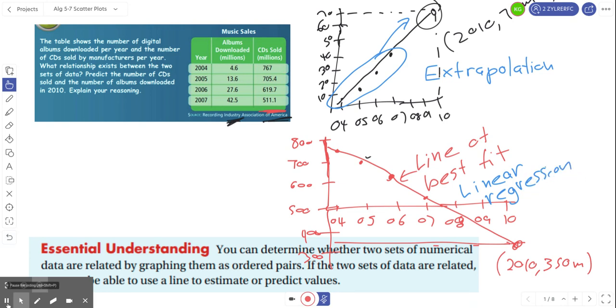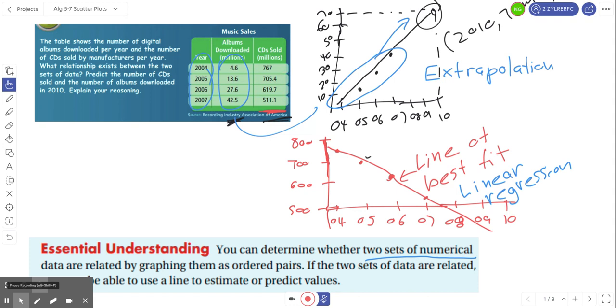So the important part to understand here, let me erase some of my things that I wrote over our essential understanding. The important part to understand here is that we took two sets of numerical data. And we actually did that twice. So here's set 1, here's set 2. We took those two sets and we graphed them as ordered pairs.